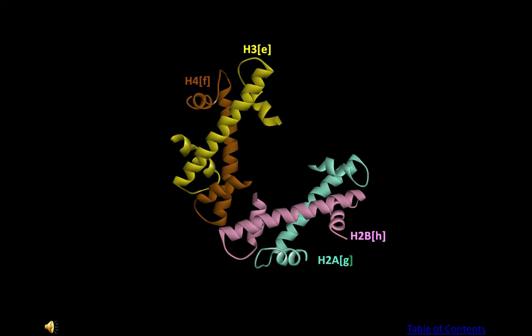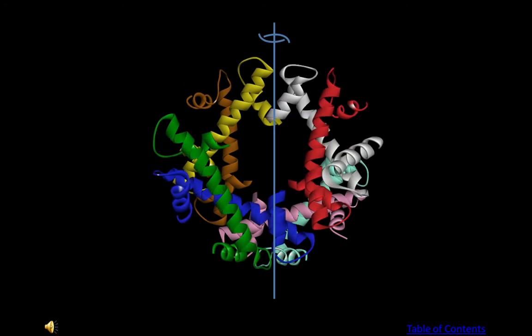We discussed this axis in a general way in Part 1 of this series. Now we'll look at it more closely because it's important to what follows. Here's the twofold axis. Understanding this axis is key to understanding the equatorial plane we shall define. We'll have to shrink the octamer a bit to see this.